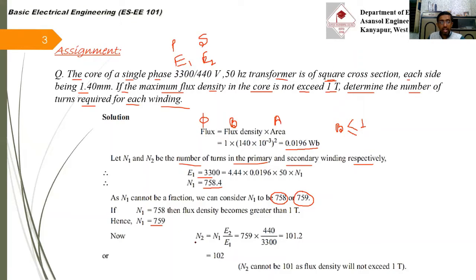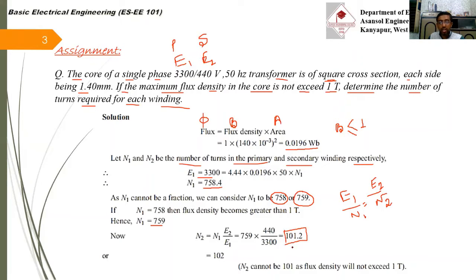Now N2 equals N1 into E2 by E1, right? Because E1 by N1 equals E2 by N2. So putting all these values, you will get the value of N2.